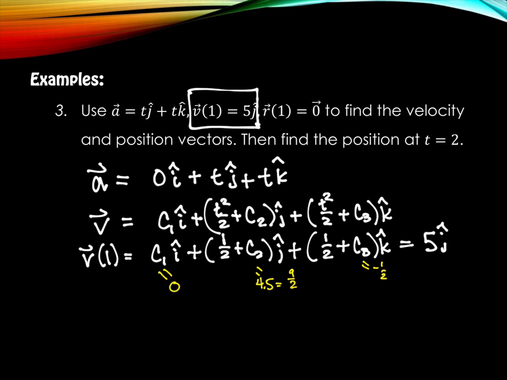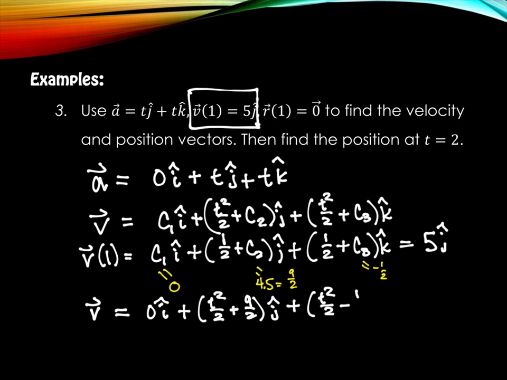So what I currently have for my velocity vector, based on that initial value that they gave me, is 0i, and I'm going to keep writing it because I'm going to need it in a minute, plus t squared over 2 plus 9/2 j, and then t squared over 2 minus 1/2 k.